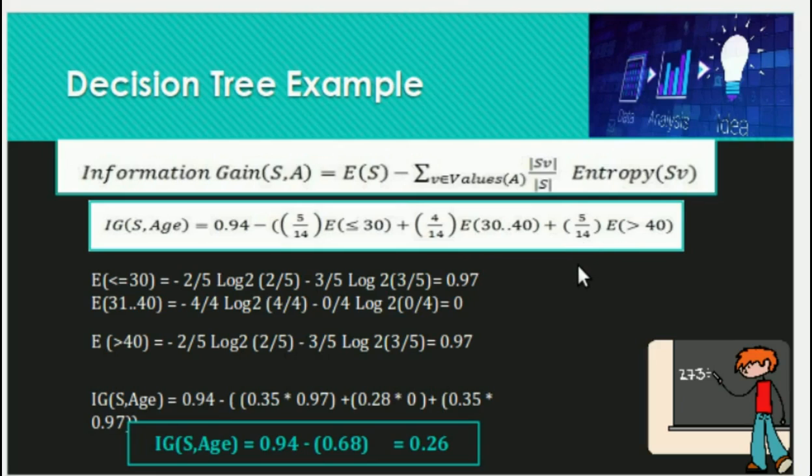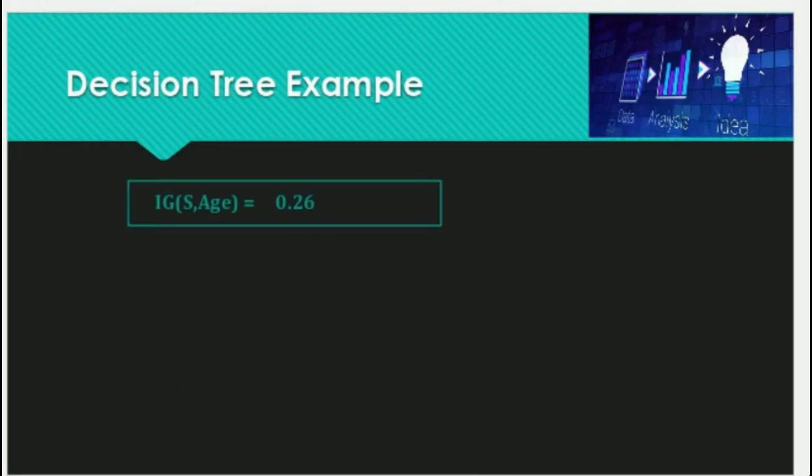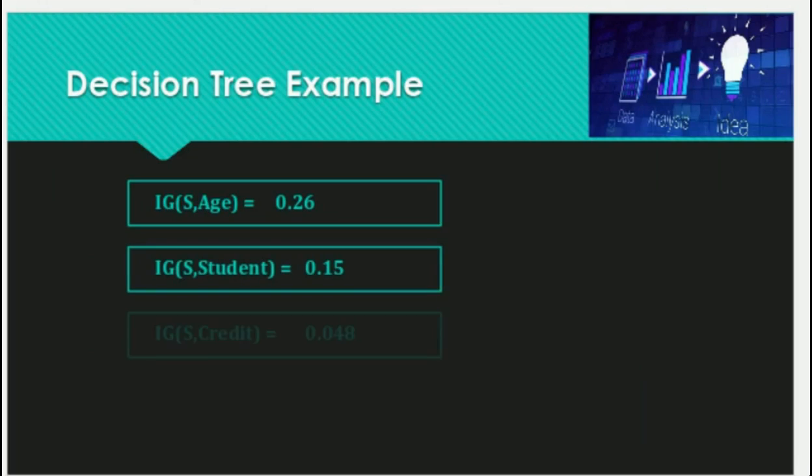So we put the values as 0.97, then 0, and 0.97 in our equation. After calculation, we obtain the information gain with respect to our training set S and age as 0.26.